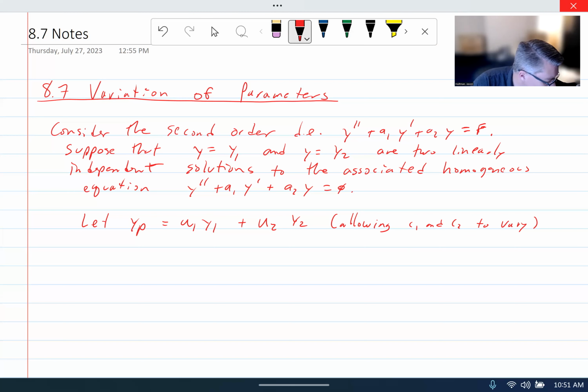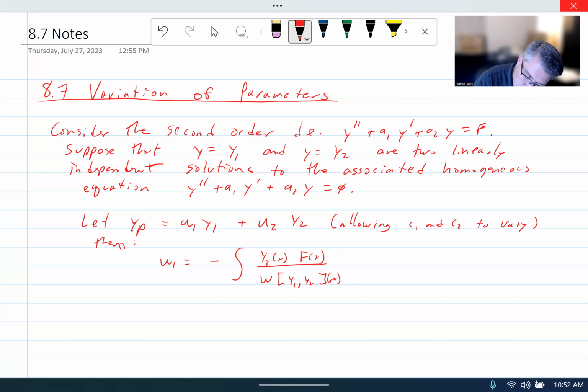Then u1 is equal to the negative of the integral of y2 of x times f of x all over w of y1, y2 of x. And that's the Wronskian.